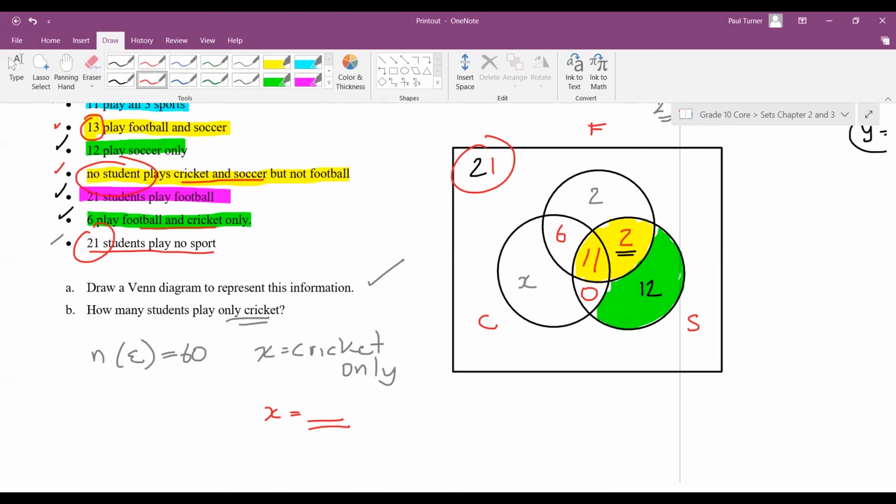Add all the numbers up and calculate X. And hopefully we can do one more before our time expires. But the 3 set questions are quite common.